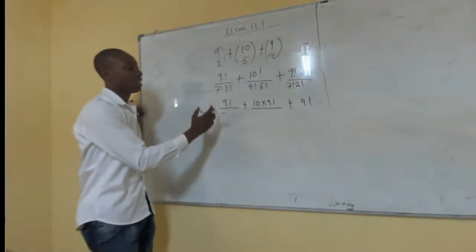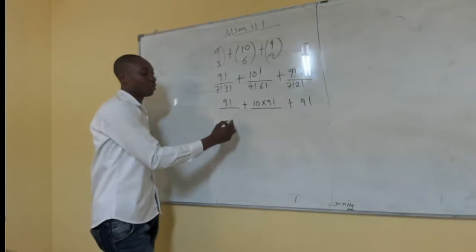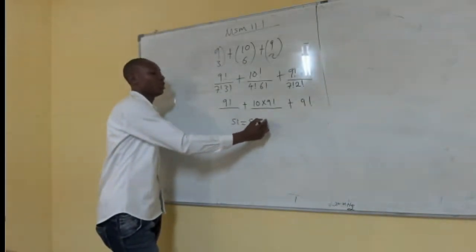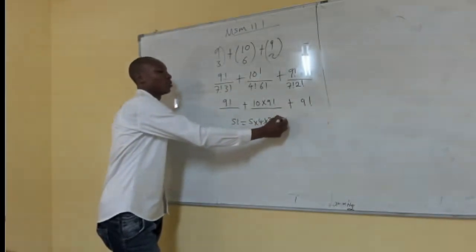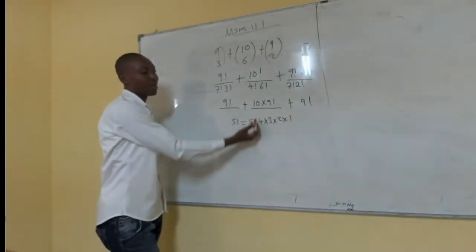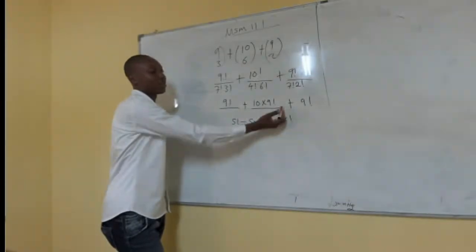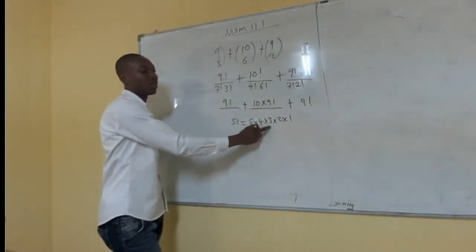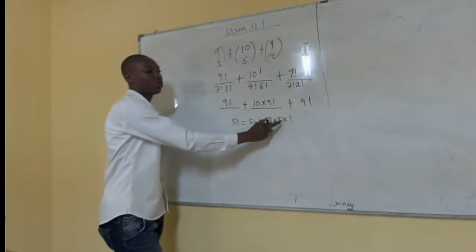As you noticed, 5 factorial is 5 times 4 times 3 times 2 times 1. Notice that the numbers are reducing by 1: 5 minus 1, 4; 4 minus 1, 3; 3 minus 1, 2; 2 minus 1, 1.